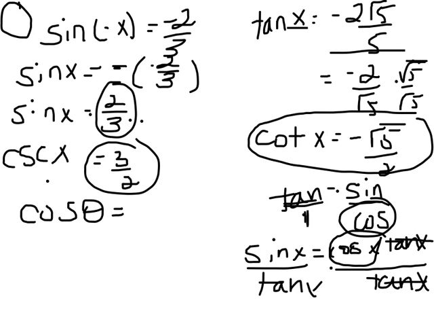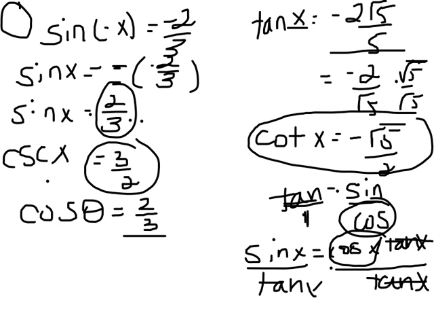Okay, that's one way I could do it. Let's do it that way, then we'll talk about maybe another way if you're like, I wouldn't have thought to do that. So sine divided by tangent, that's 2/3 divided by the tangent value. We wrote -2 square roots of 5 over 5. Let's do -2 over square root of 5, which is what we figured out when we unrationalized it.